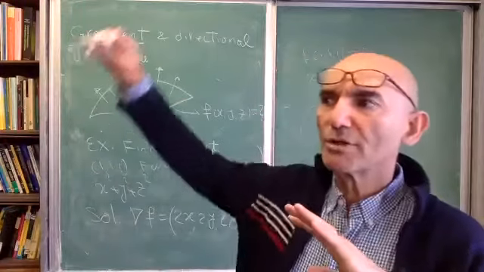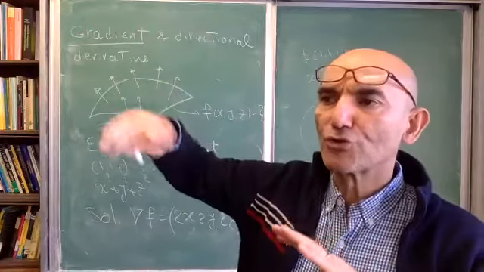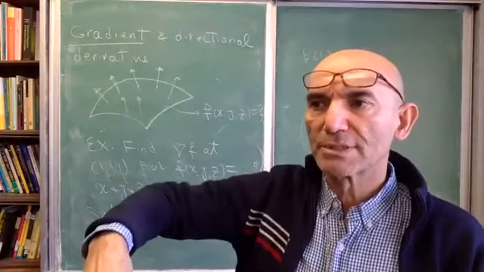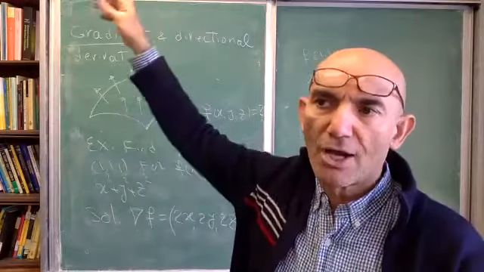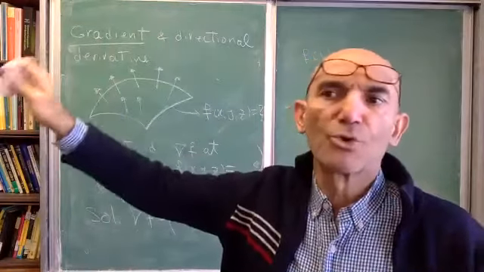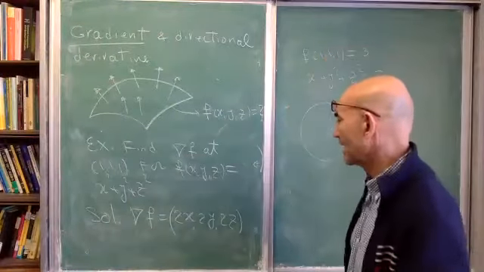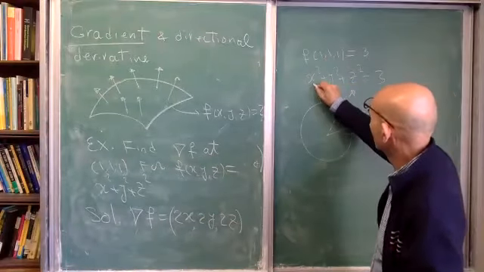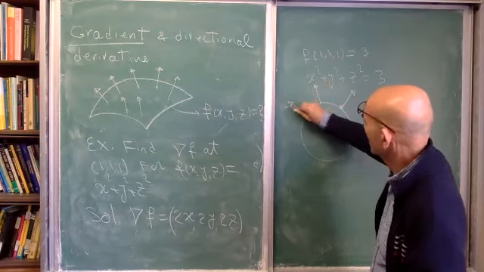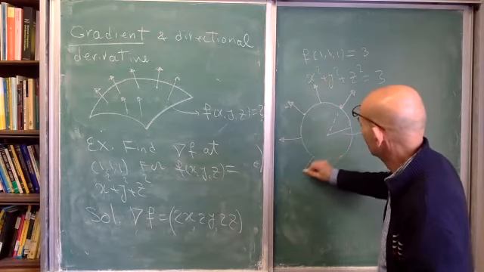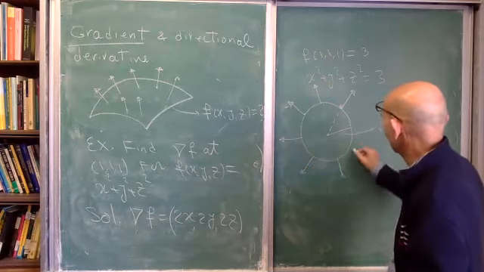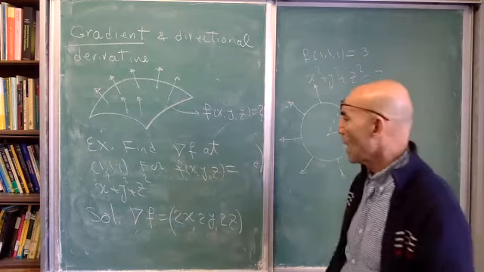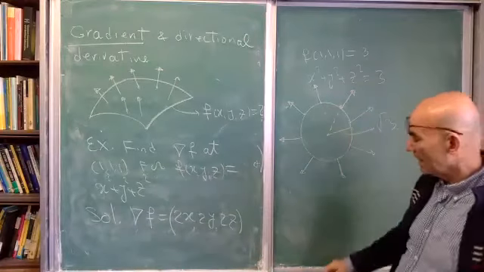If you're on a point of a sphere and you want to draw the normal line to the sphere, all you have to do is connect to the center and continue that line. Then you know that that line is normal. And that's exactly what this equation is telling. So at least we know that they all look like this.